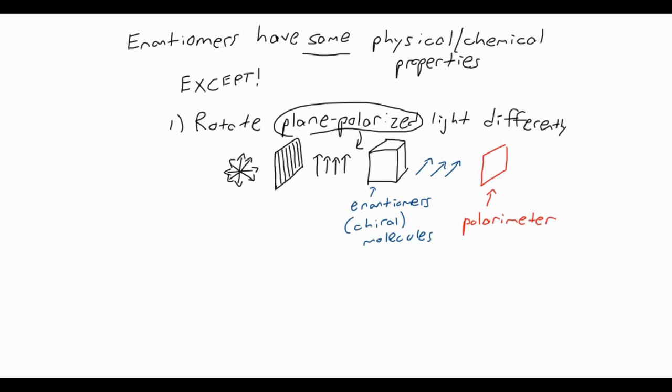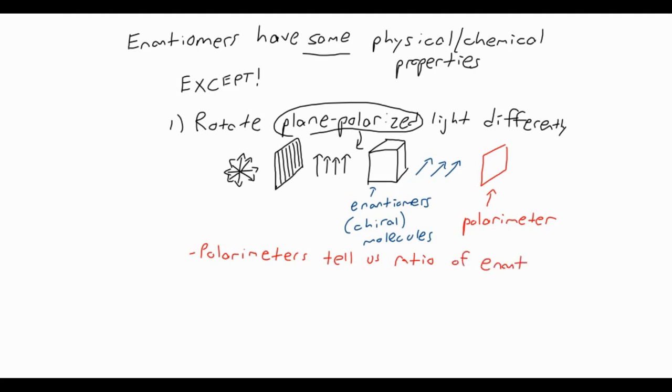I won't go into too much detail about the mathematics or the physics of this, but what's important to know is that polarimeters can tell us how much of a certain enantiomer we have. They can tell us the ratio of enantiomers in a certain mixture.